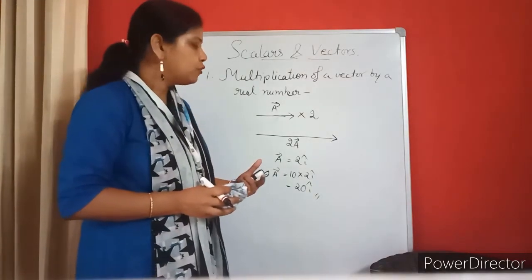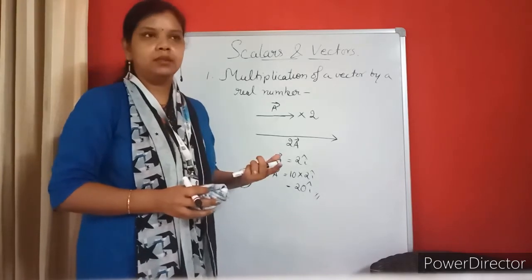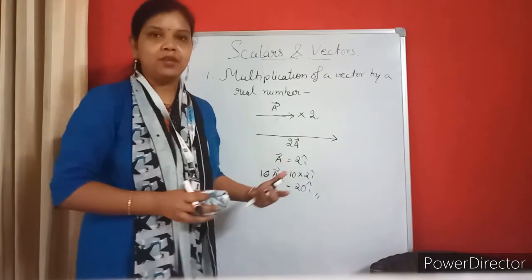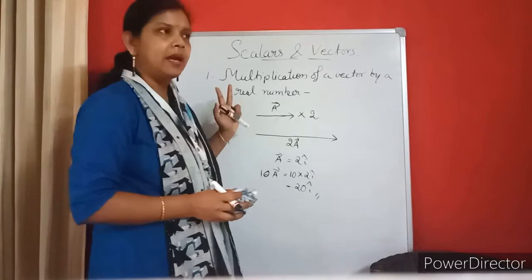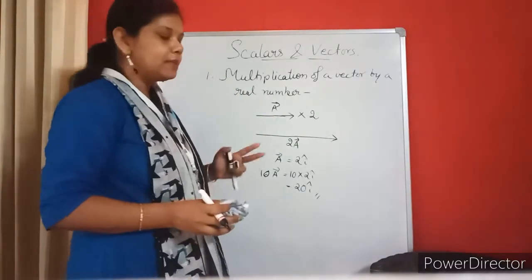Let me talk about multiplication of vector by vector. We will discuss that at last. First, multiplication of a vector by a scalar and a real number we have studied, which means real and scalar numbers follow a similar method.